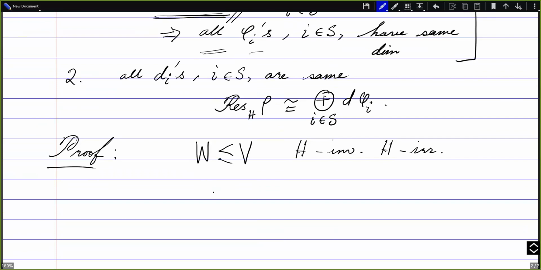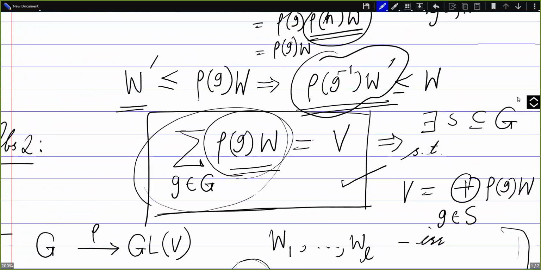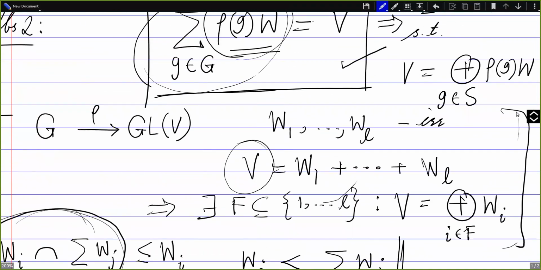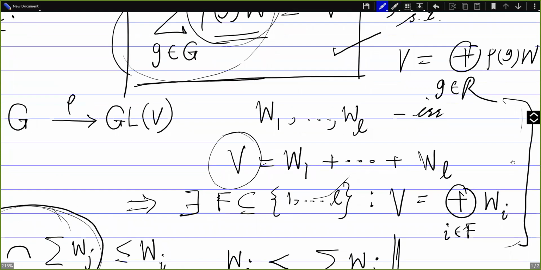Then V has to be the direct sum of rho(g)W's for some, just a minute, I think I have used S in both places. So maybe here we can just change it to be some R.